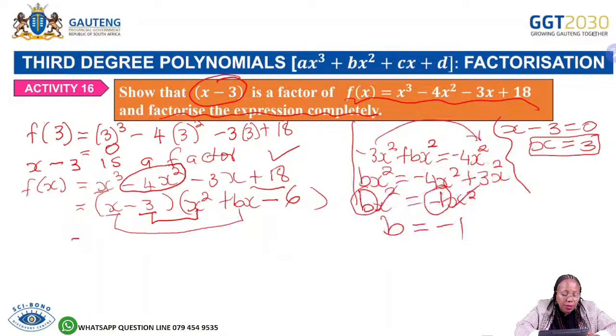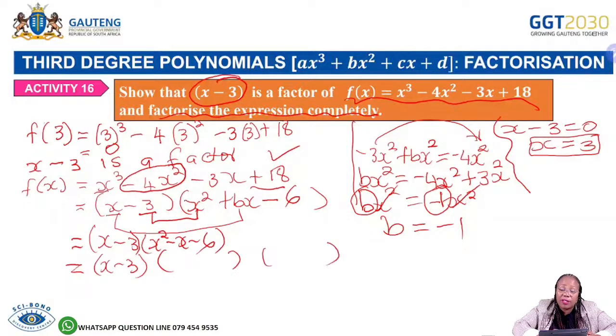So we bring b in here, that is x minus 3. And the factors, okay, let's start by writing the trinomial: x squared minus x minus 6. That is the trinomial factor. And then we have x minus 3, and this trinomial will give us two factors again, that is (x )(x ). So we are looking for factors of 6 which, when you subtract them, give you a minus 1.